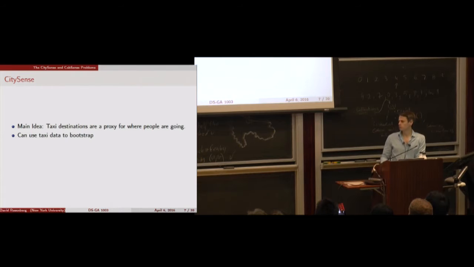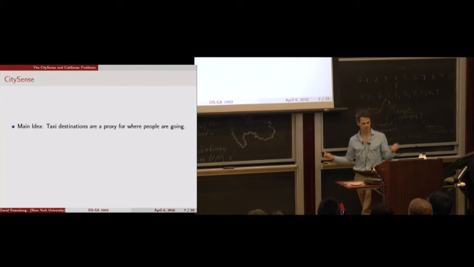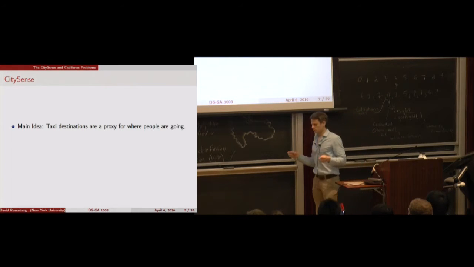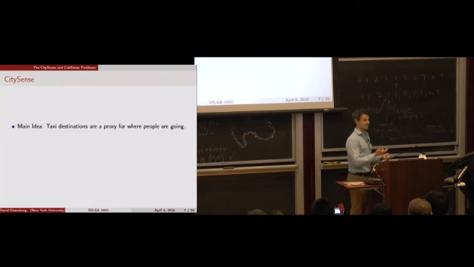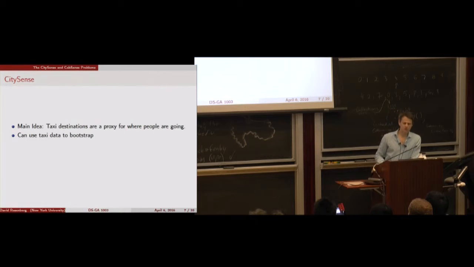They also specified the pickup and drop-off locations of every taxi ride. So we decided to use the drop-off locations of a taxi ride as an indicator that someone was going there. People don't take taxis in San Francisco as much as they do in New York, but at least this was a proxy. You need to start with some set of data. All right. So the idea was to use it to bootstrap.